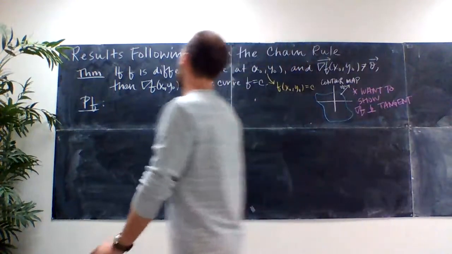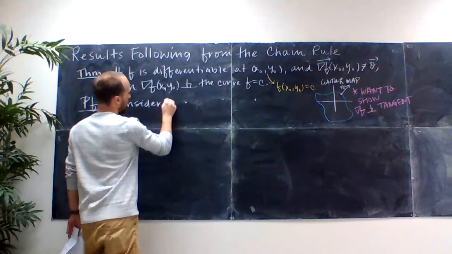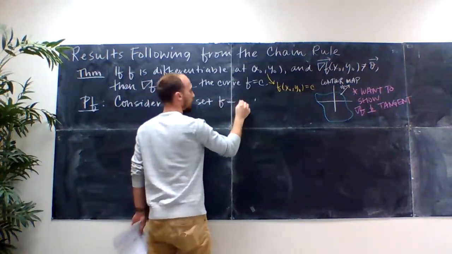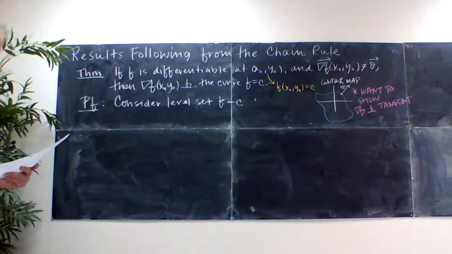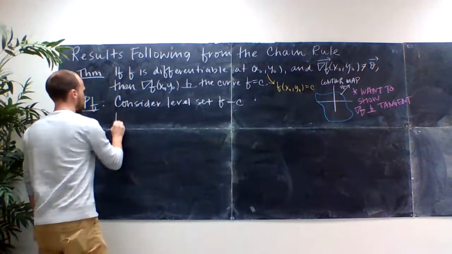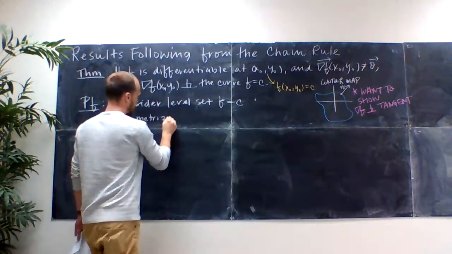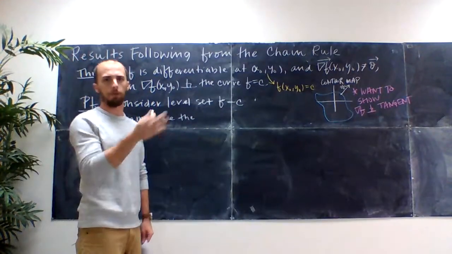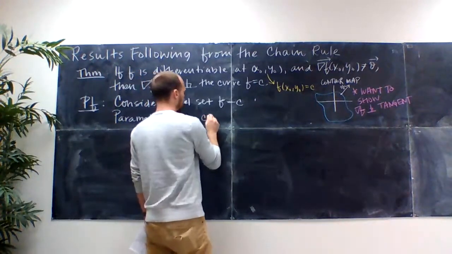We're going to consider the level set f is equal to c. My proof could be general: I can parameterize this curve, or parameterize this surface or some other object in a higher space, with a parameterization.